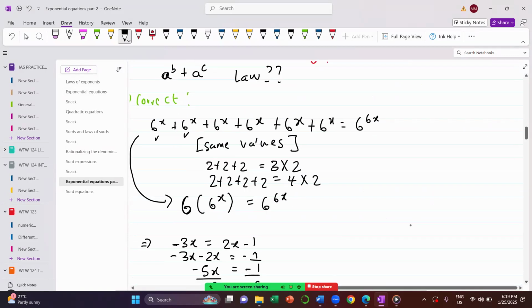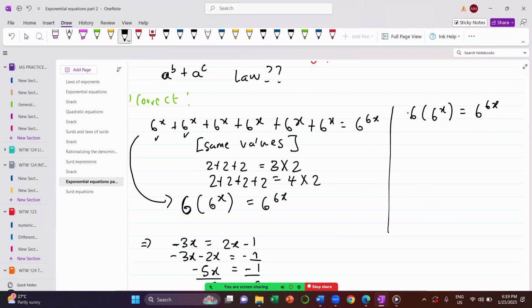Yes, sir. So now let me just divide this page here and say, okay, I have 6 times 6 to the exponent of x equal to 6 to the exponent of 6x, right? And I know that this 6 here is to the exponent of 1, right? Here I'm multiplying, and this is a base of 6. This is a base of what? 6. So I'm allowed to add the exponents.